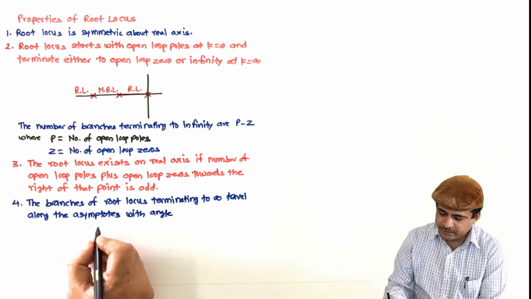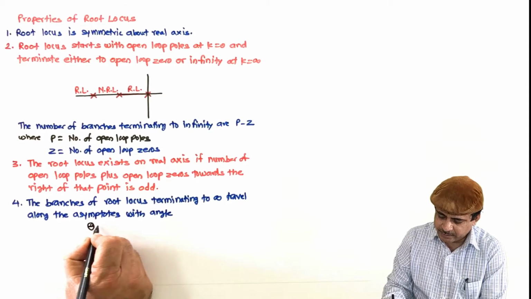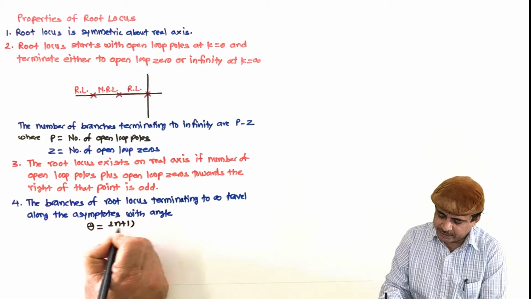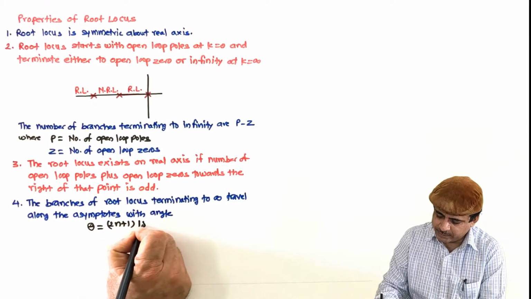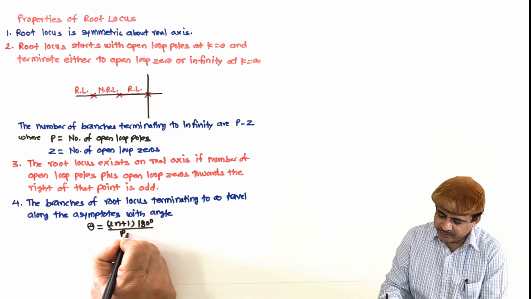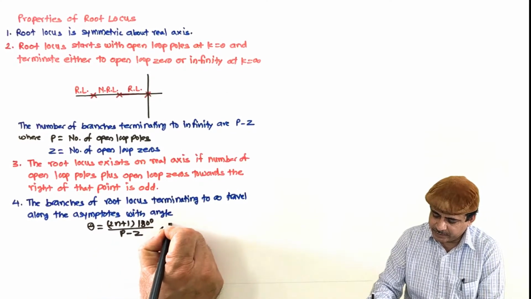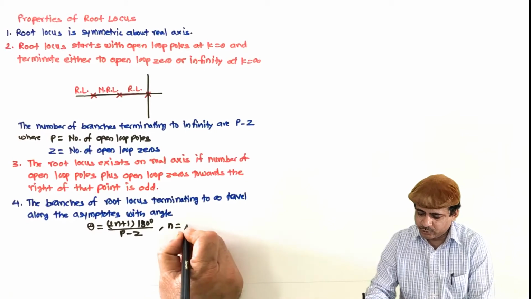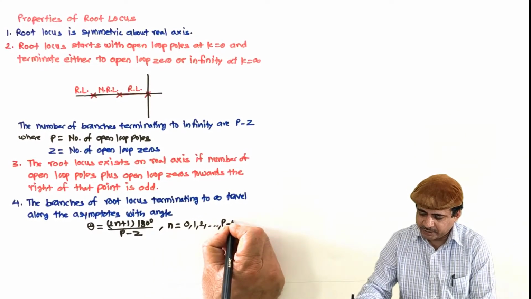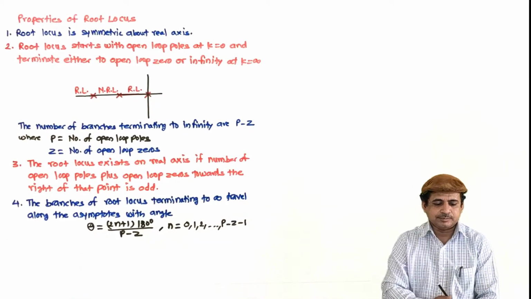Their angle is given by theta equal to (2n plus 1) into 180 degrees divided by p minus z, with n equal to 0, 1, 2, and so on up to p minus z minus 1.